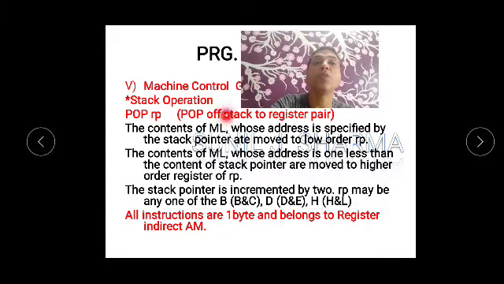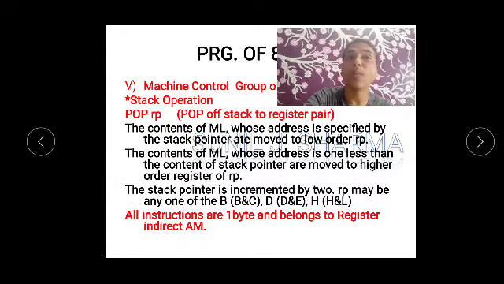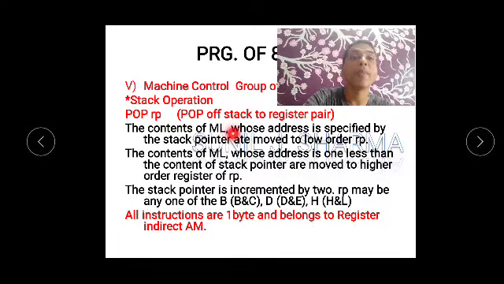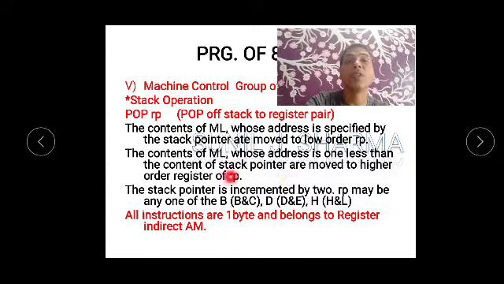Okay, now let's do the reverse process. POP means if you want to remove something out of the stack, that is pop of the stack to a register pair. So exactly it will be working opposite of push. The contents of the memory location whose address is specified in the stack pointer are moved to the lower order register of the register pair. The contents of the memory location whose address is 1 more than the contents of the stack pointer are moved to the higher order register of the register pair.